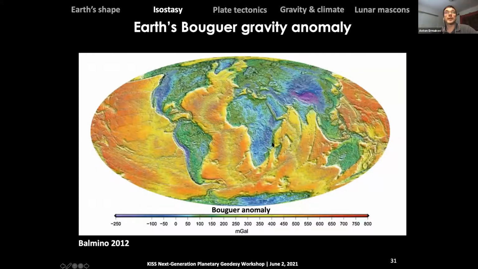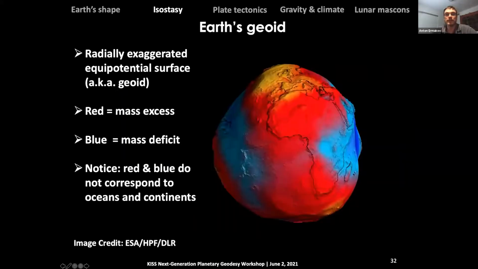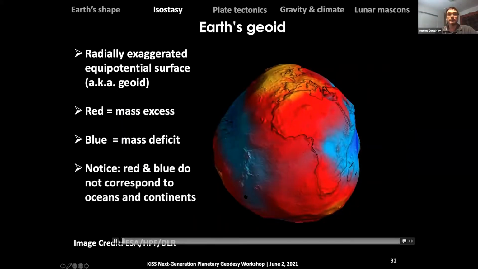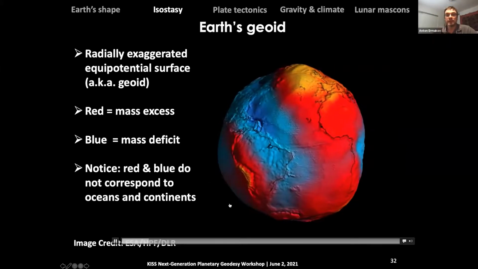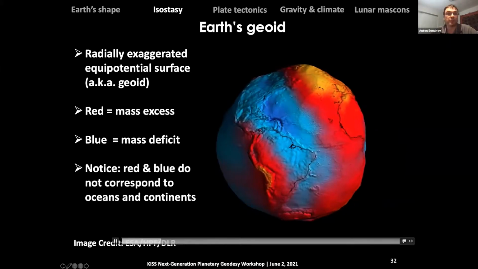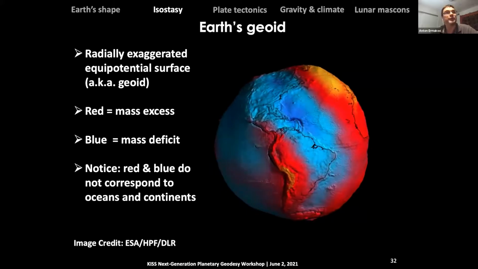So this is the gravity Bouguer anomaly map of the Earth, and you can see that essentially over all major mountain ranges you have negative gravity anomalies, indicating isostatic compensation. And this is another way of looking at the Earth gravity. It's a radially exaggerated equipotential surface, also known as geoid.